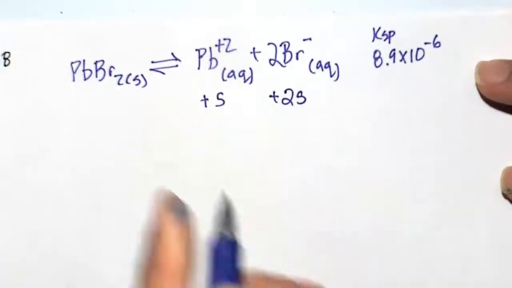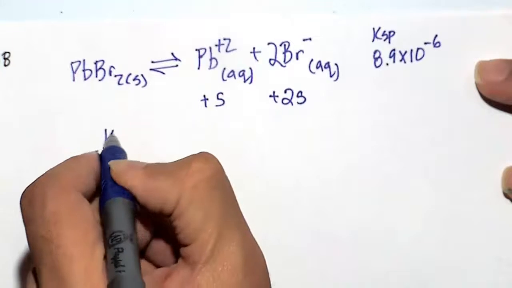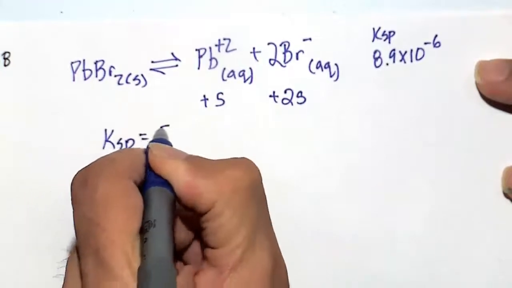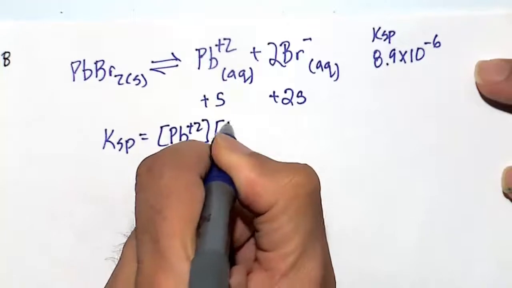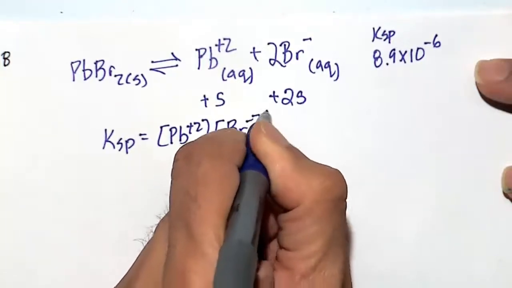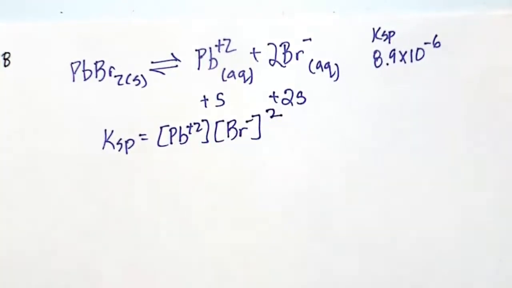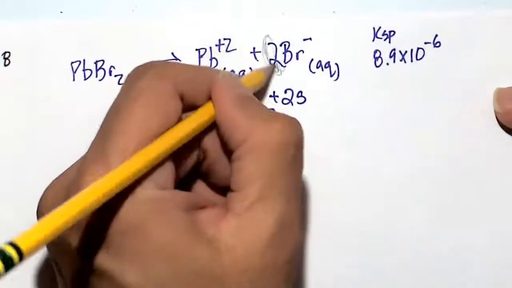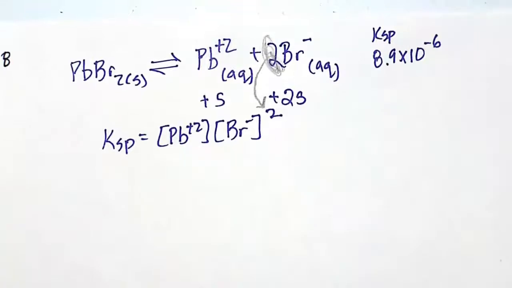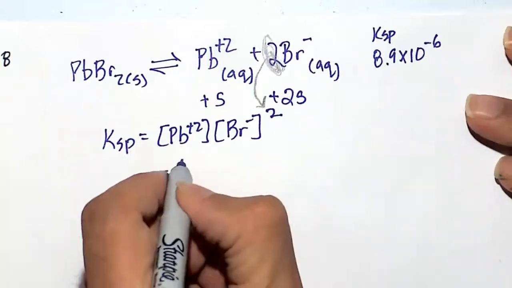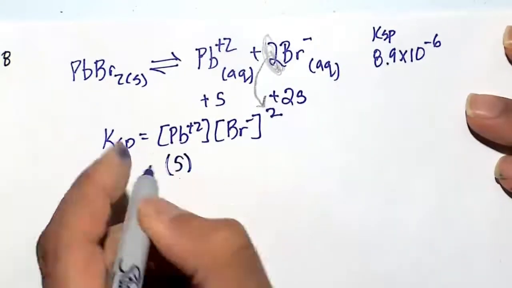So we will do our ice table, and instead of X, we will use S. The Br minus is 2S, remember, because it's 2 moles, and the KSP expression is products over reactants, excluding solids. And don't forget to raise the Br minus to 2. The law of mass action is that you have to raise it to the stoichiometric coefficient, and for Br minus, the stoichiometric coefficient is 2.